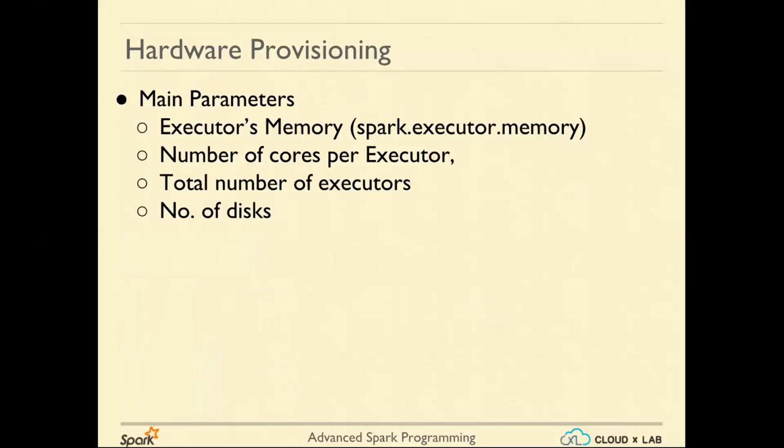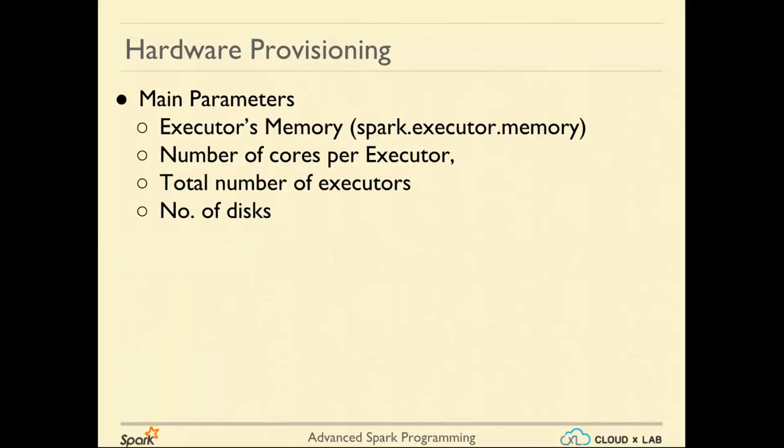The fourth part in Spark optimization is hardware provisioning. The main parameters are executor memory, meaning how big the RAM is, number of cores per executor, total number of executors, and number of disks.